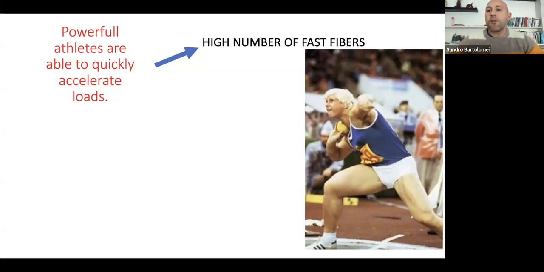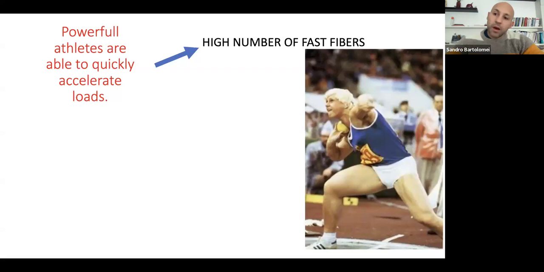So if you have more muscle fibers in number, typically you may experience hypertrophy more easily compared to individuals that have a lower number of muscle fibers. In particular, if you have in your muscle a high number of muscle fibers and a high percentage of fast fibers, you may be able to increase a lot the size of the muscle and also the quickness, the speed.